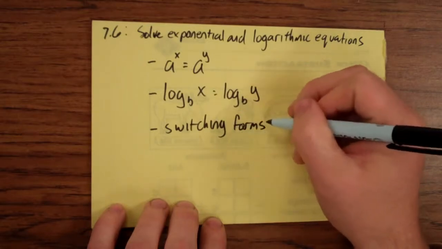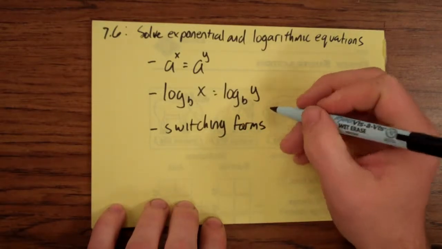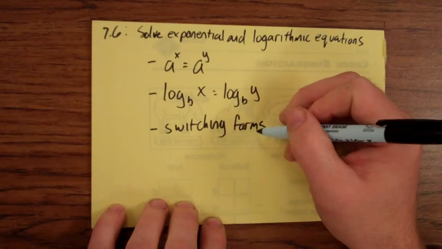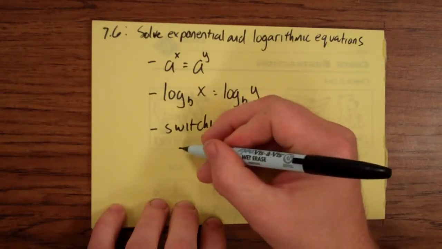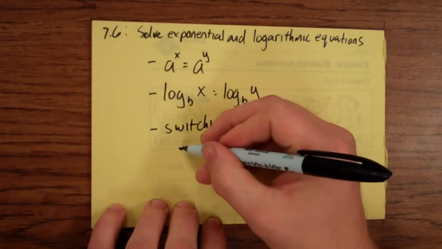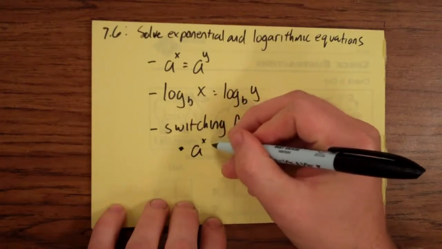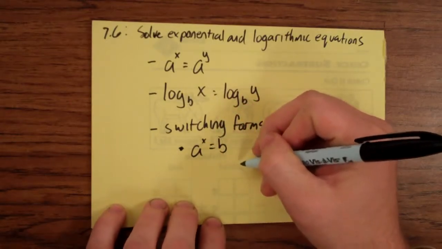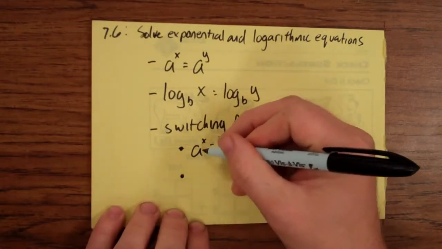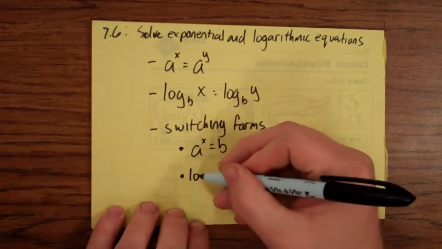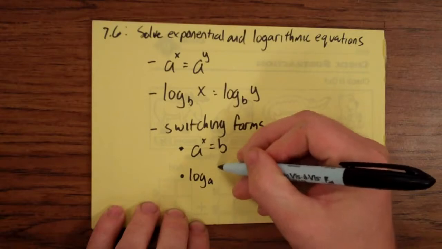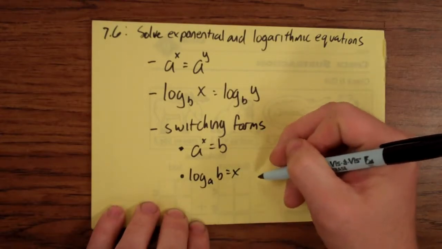And what I mean by forms is, and we've talked about this in previous sections, exponential and logarithmic form, right? So one type of equation that I might see would be a to the x equals b. I would take this kind of an equation and I would say log base a of b equals x.